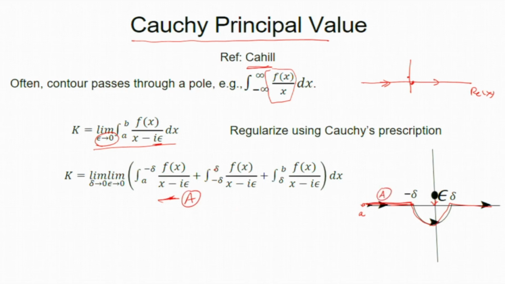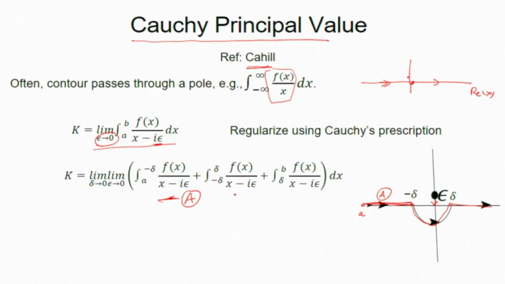Then minus delta to delta is this integral. I am avoiding that origin. Though I have shifted the pole, the pole can go very close to the origin, so it just goes below. So, this is b, and the c is delta to b. So, we rewrite like that.